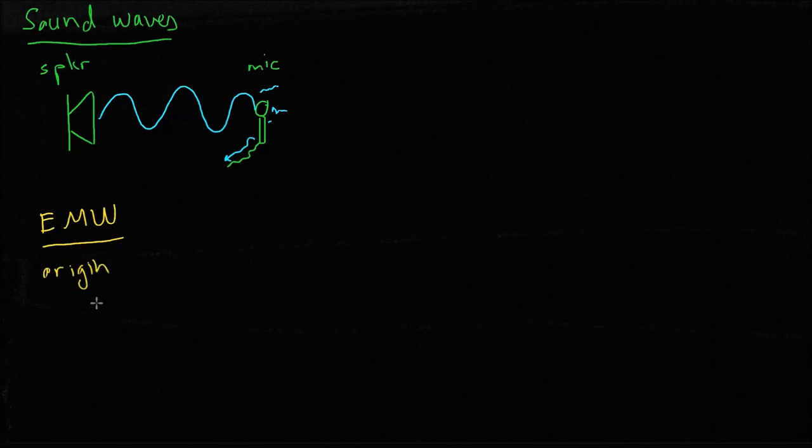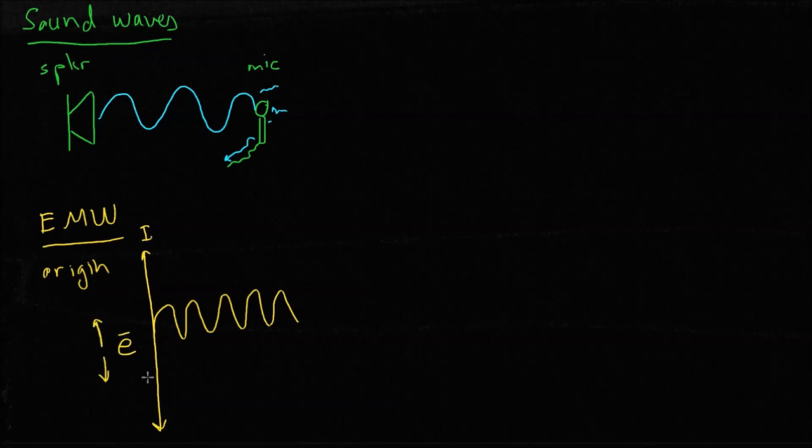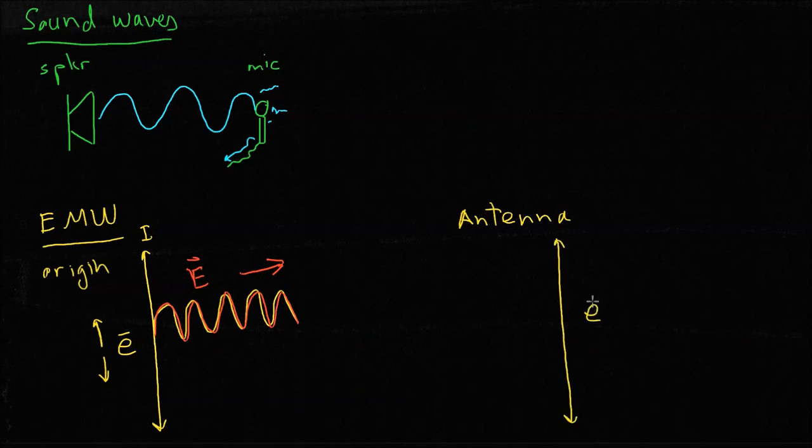With electromagnetic waves, we have our wire, which carries a current. The electrons move up and down, creating an electric field that varies, and that gives us our electromagnetic wave travelling through space. At the other end, we have another wire, which we call our antenna, and that too has electrons in it.